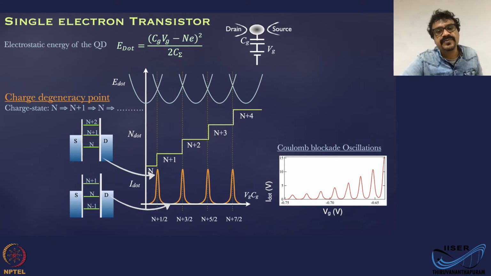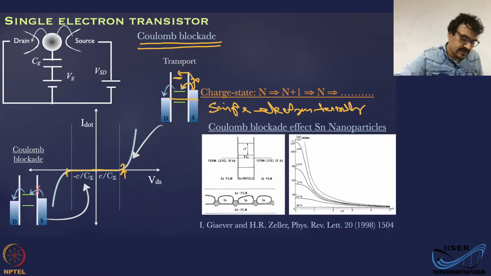Now the current through this device we just looked at as a function of source drain bias. But we have not really discussed the effect of the gate on the current through the device.